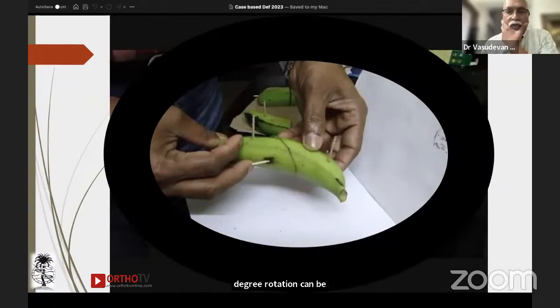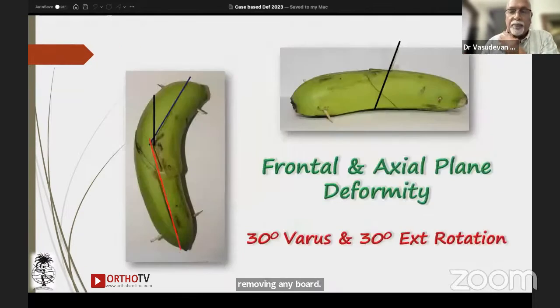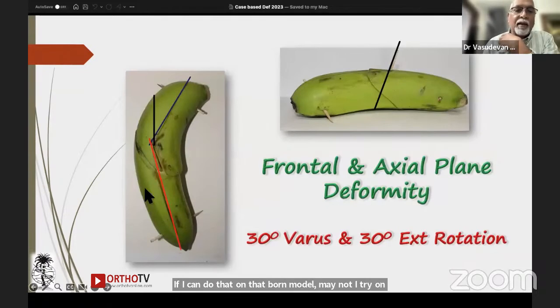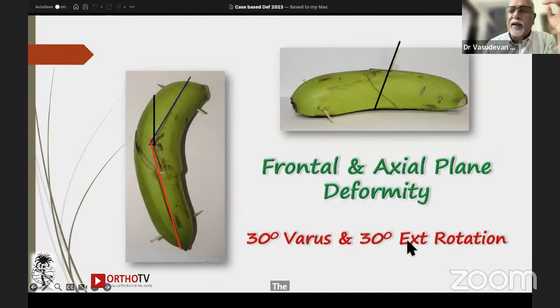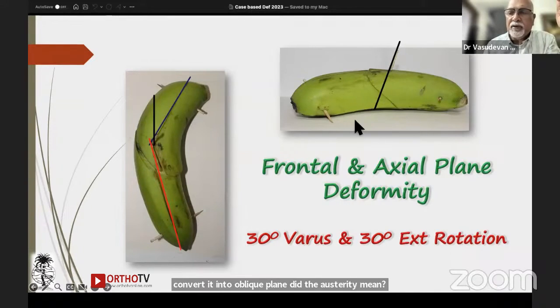If I can do that on that bone model, why not try on another banana? I took a banana with the same angle because plenty of bananas are available. And I marked the rotations, 30-degree varus and 30-degree external rotation, and calculated, it's a complex calculation, calculated the axis and converted into an oblique plane, did the osteotomy, and that was the hinge.